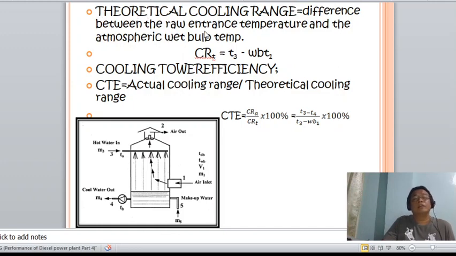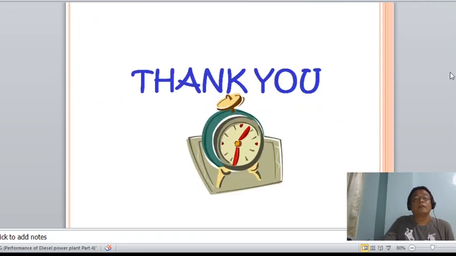And then the cooling tower efficiency, or CTE, is the actual cooling range divided by the theoretical cooling range. Okay? So, take note, class, that the formulas included in cooling tower are very few. But take note that the application of cooling tower is quite complicated.